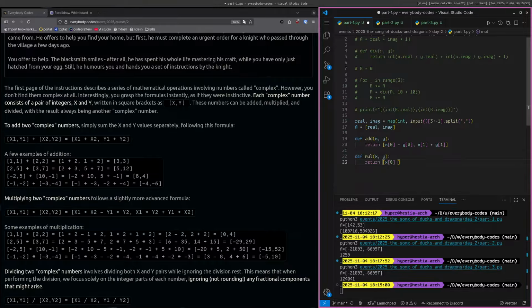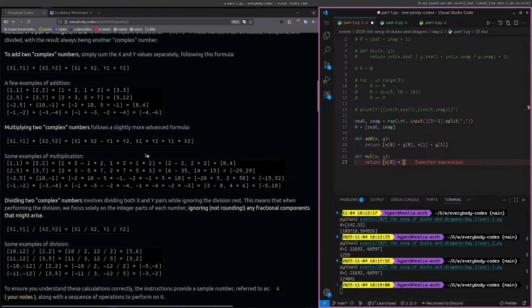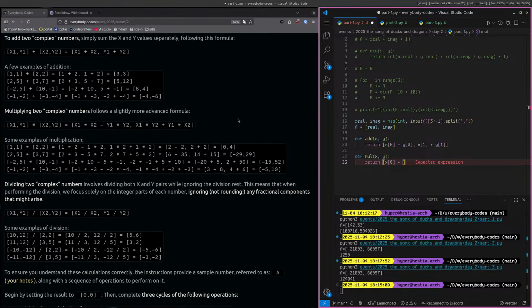The only one that is really notable is the multiplication one. But it's not too bad. You can just copy what's being done, since they tell you how to multiply complex numbers, you can just copy this directly. If I knew how to type, that is.